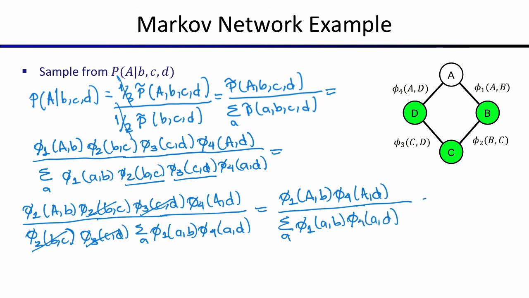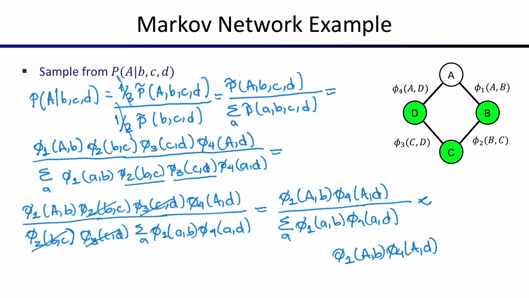Right, so this is proportional to phi1 AB, phi4 AD. So you're going to be very efficient again.